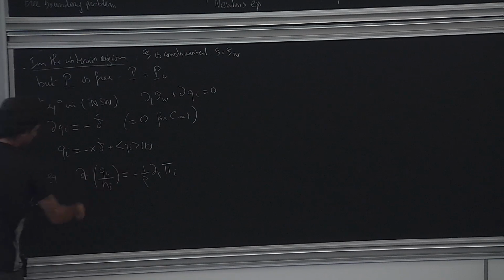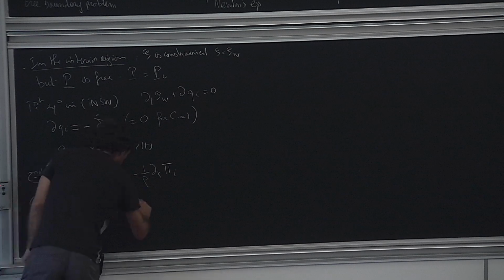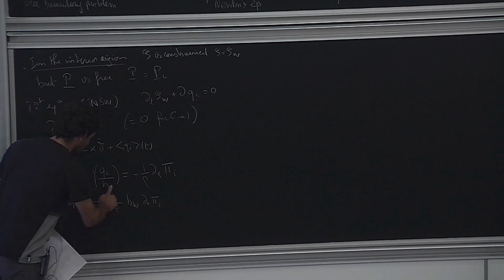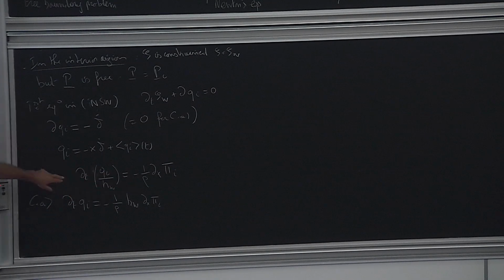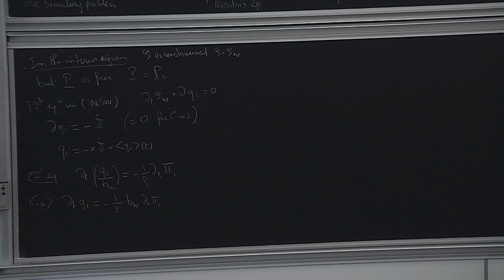So I can multiply by dt hi, and I obtain that dt Qi is equal to minus 1 over rho hw dx pi, where I write hw is h0 plus zeta w. I have just multiplied both sides by hw, and hw in this configuration does not depend on time. So this gives me this.